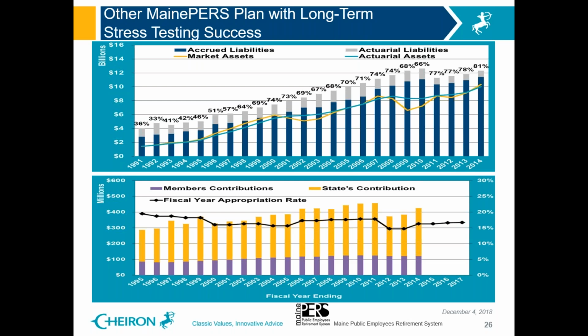And you can also see down below that the contributions remained very stable, which at least in Maine is critical for budgeting and the success of the state continuing to put in the MainePERS contribution. What they do here is that's the first thing they budget for, the pension contribution, and then the rest of the budget is built.